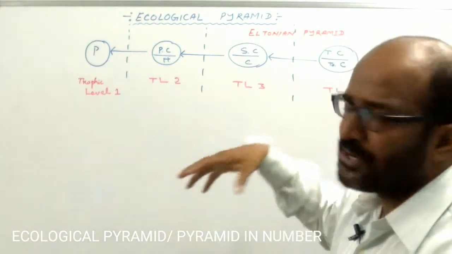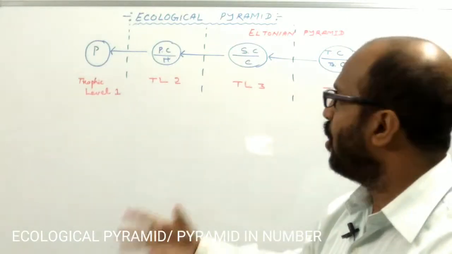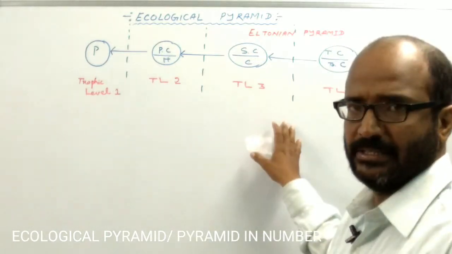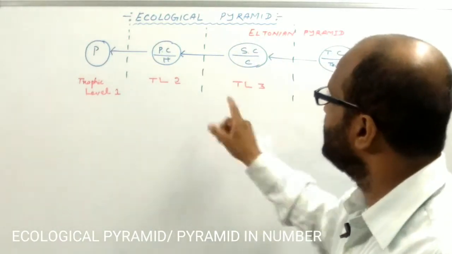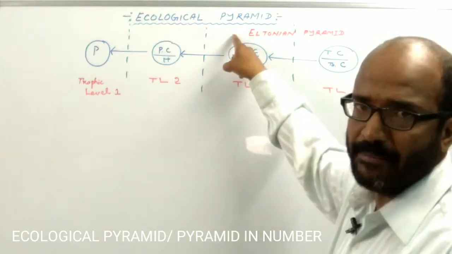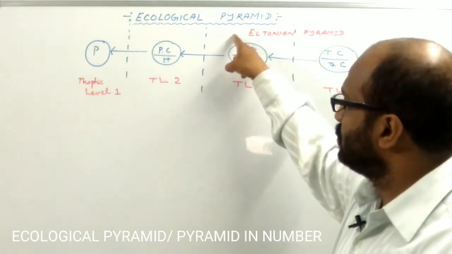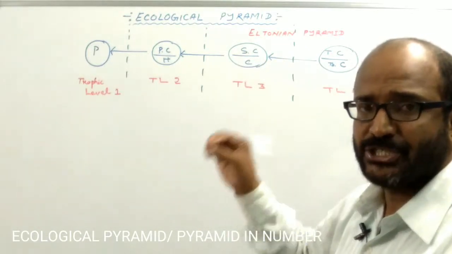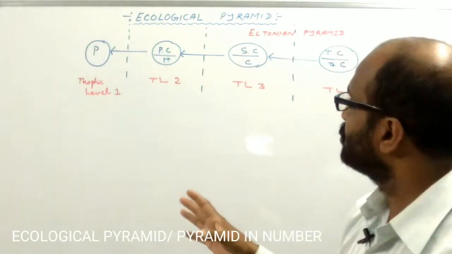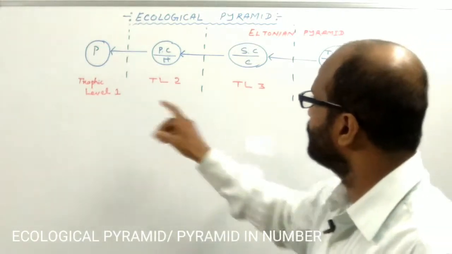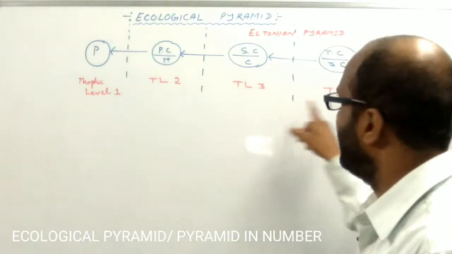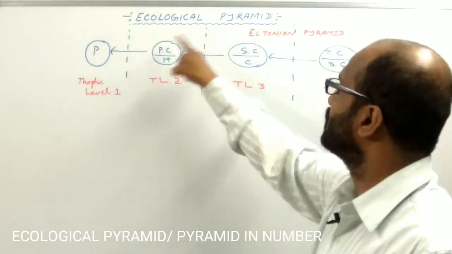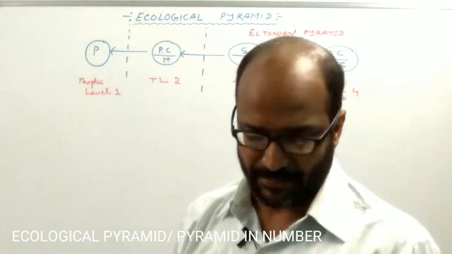The graphical representation of the structure and function of the different trophic levels in the food chain or ecosystem is known as the ecological pyramid.